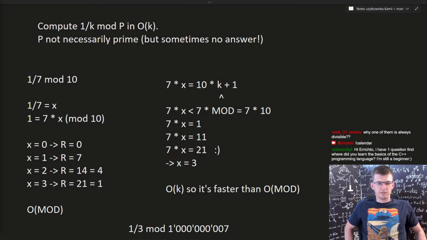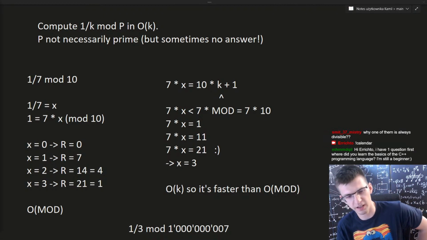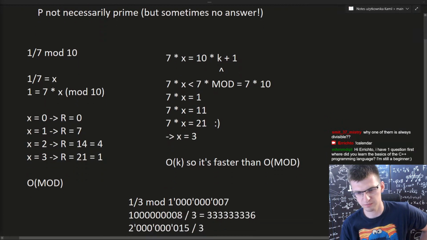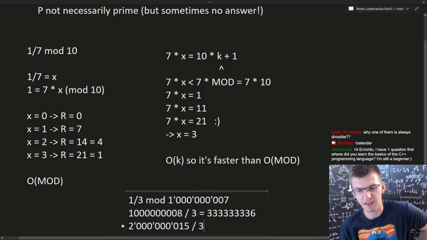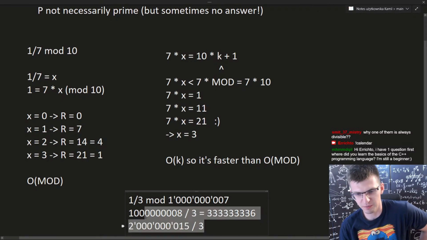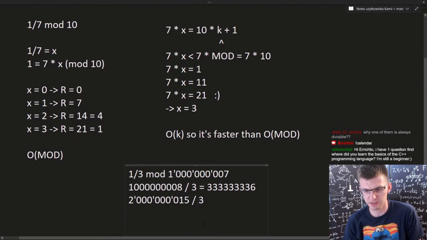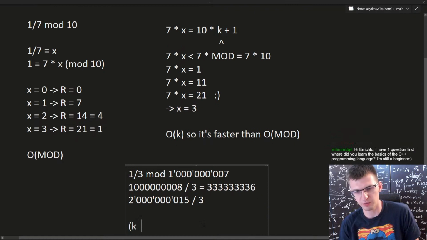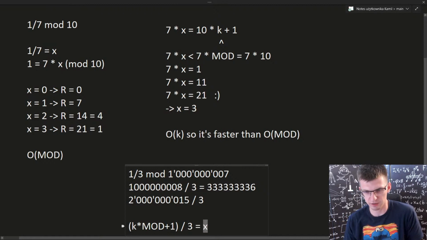Why is one of them always divisible? Because the inverse exists. For prime modulo, the inverse of any non-zero number exists. So the fact that the inverse exists exactly means that one of them is divisible. Like this is 1 divided by 3. There needs to be a possibility to say that some number of the form k times modulo plus 1, divided by 3, is equal to some x, and then this x is exactly the inverse of 3.